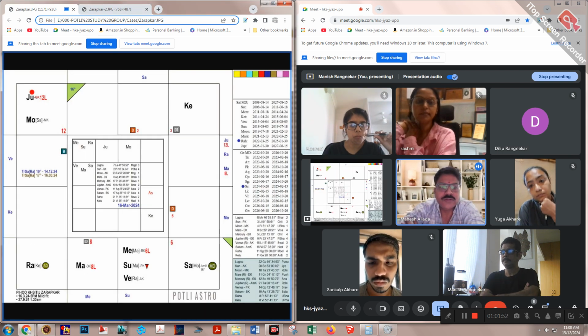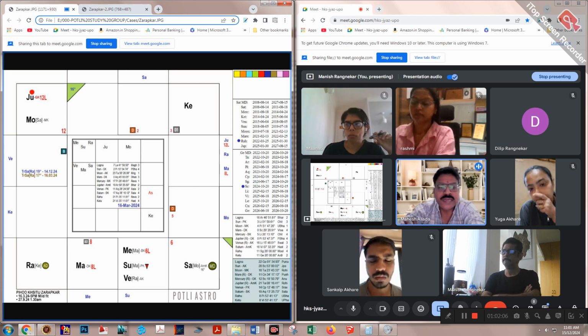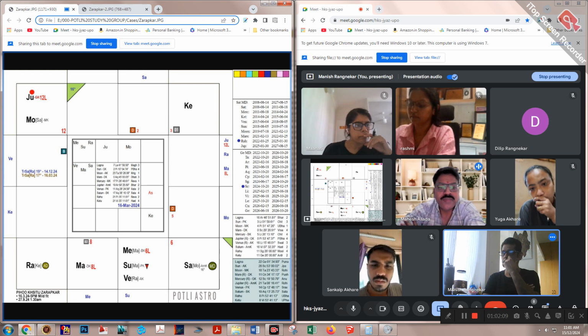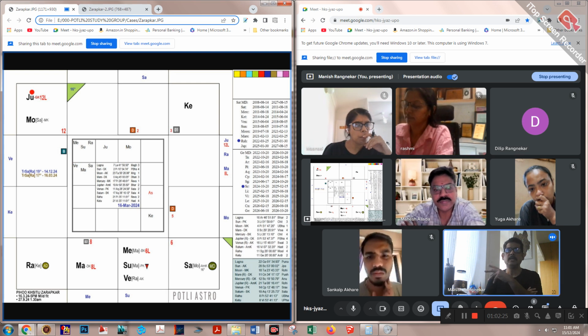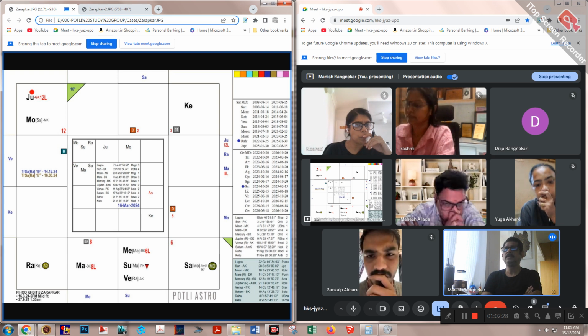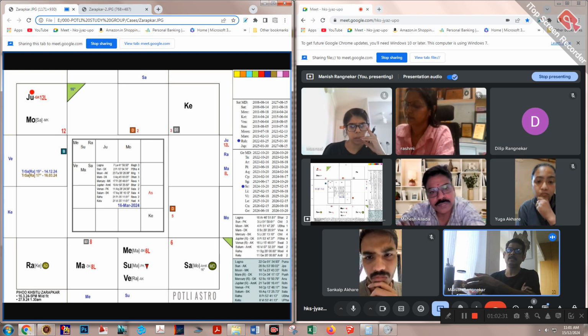In the transit also, currently she is going through the Sadesati, the first 2.5 years from the Moon. When Saturn goes to Pisces in the next 2.5 years, the Moon and Saturn come on the same degree, right opposite to the natal Saturn, which is the Dasamapati. And the Antardasa will also change from Rahu to Jupiter, which is again the wealth lord. So does the condition become worse? If the remedy is not done, it will become worse, because that will start in January of 2025, which is like next month.